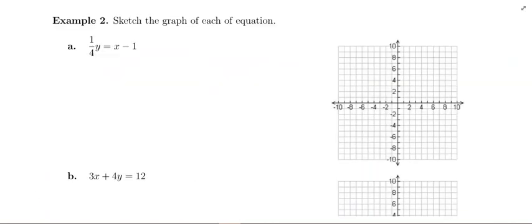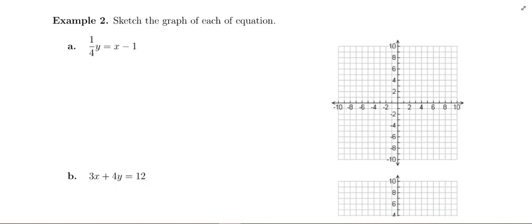There's a couple of equations here, and we're going to sketch the graph of each equation. In example A, our equation is 1/4 times y is equal to x minus 1. So the first thing, like I said, when you get to that final exam, you're going to have all kinds of equations. You have to be able to recognize this as a line.